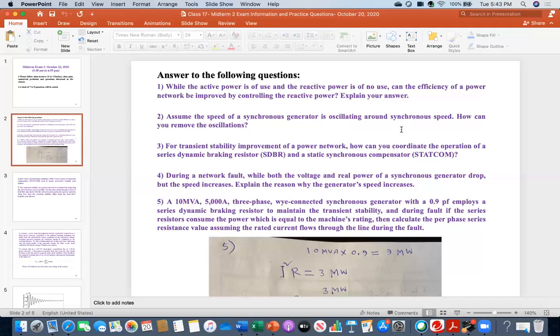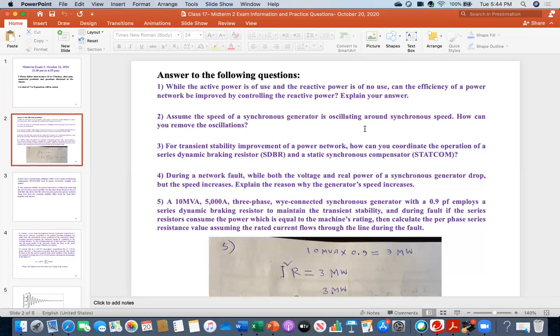So the impact is always going on the shaft and on the speed. If you use the damper winding, it can eliminate that effect. You probably remember we said that oscillation around synchronous speed of a synchronous generator is called the hunting effect. So to eliminate that hunting effect, you have to put the damper winding. The appropriate answer would be that by adding damper winding, those oscillations on the synchronous speed can be removed.